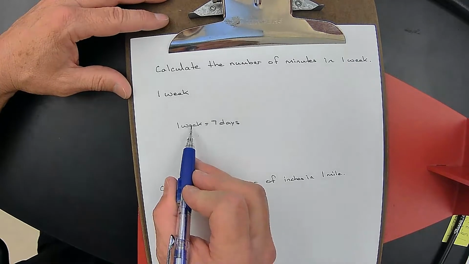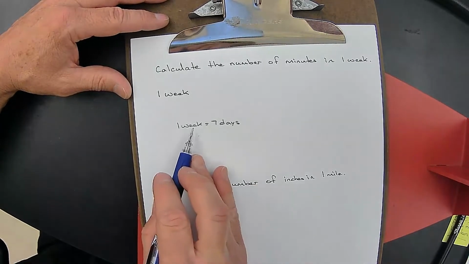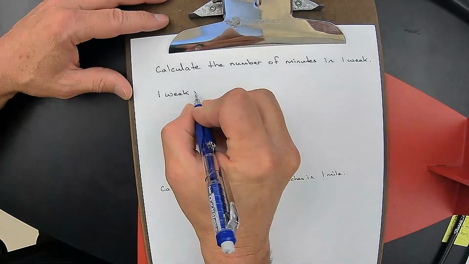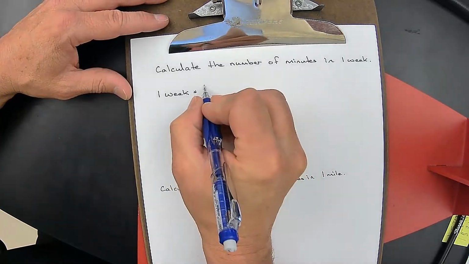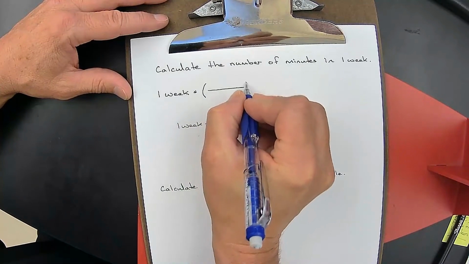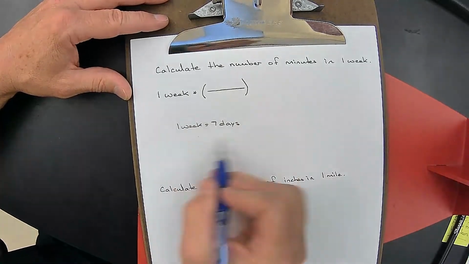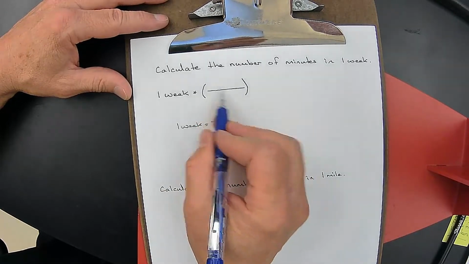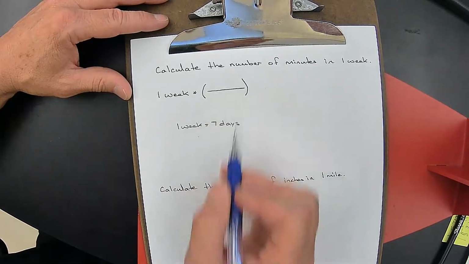So one of the conversion factors that we know from common knowledge allows us to go from week to days. So I'm going to multiply by an empty fraction, and I'm going to put this conversion factor into this empty fraction. One side goes to the top, and then the other side goes to the bottom.